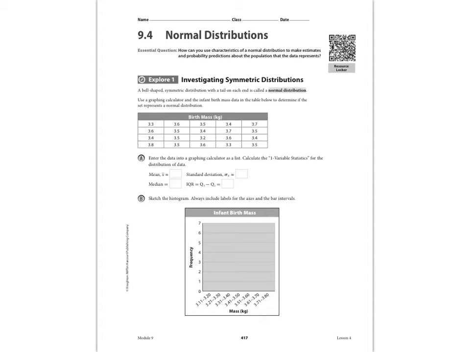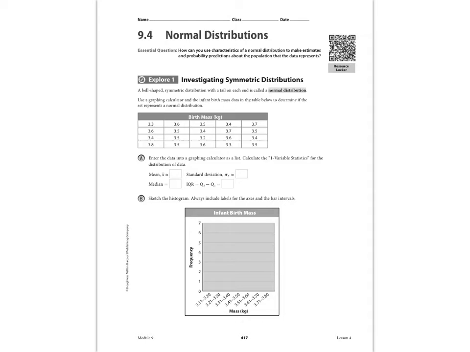So we have a table that has the birth mass in kilograms. I'm assuming this is of about 20 babies that were born, and their weight when they were born.